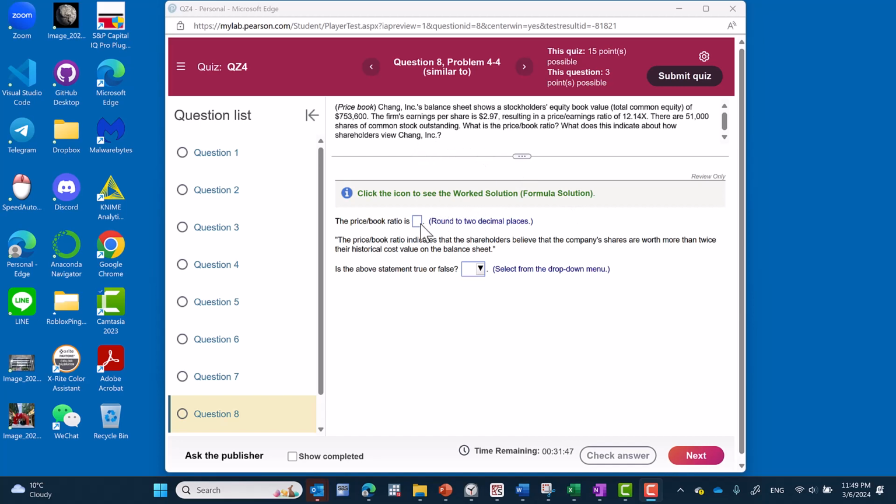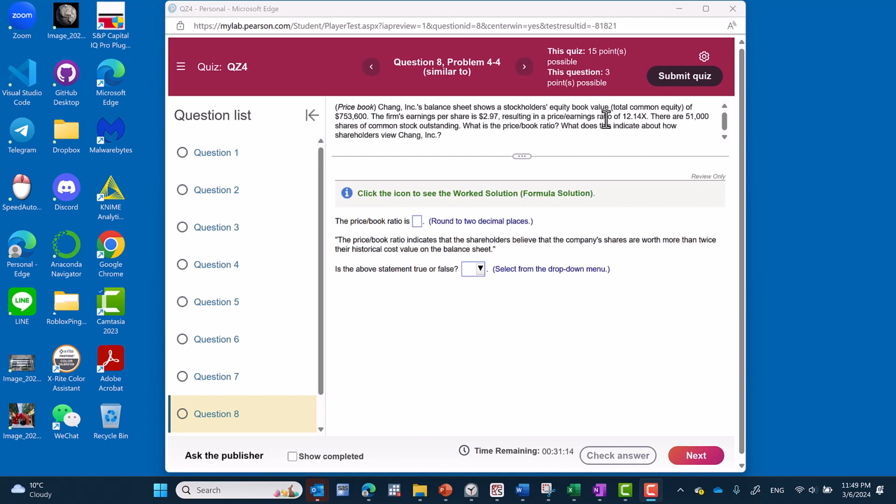So the price to book ratio basically is the price per share divided by book value per share, right? Book value per share is the aggregate equity book value divided by the number of shares outstanding. From the earnings per share and the price earnings ratio, we can determine the price by simply multiplying the earnings per share by the price earnings ratio.